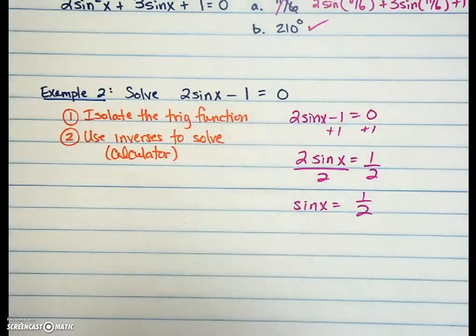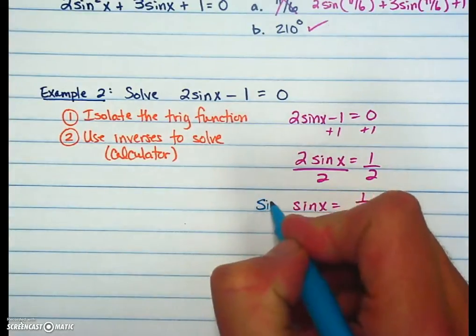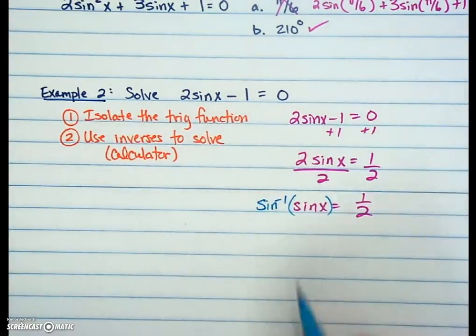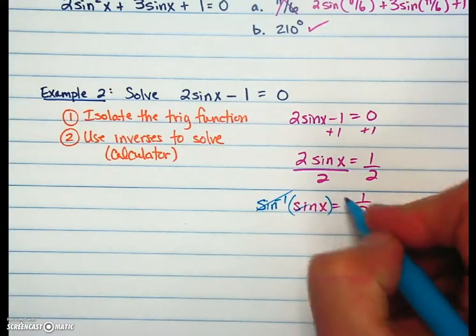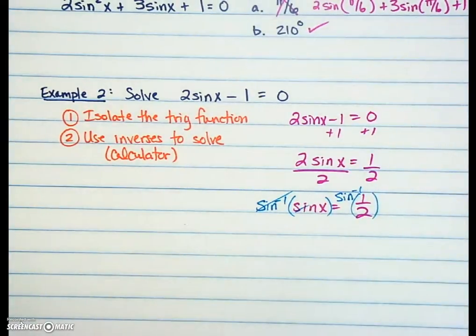Now, as you may remember from previous things that we've done with inverses, to get rid of sine, I need to do the sine inverse, because then sine inverse and sine will cancel, and I'll just be left with x. But if I do it on this side, I also have to do it on this side of the equation. So I'm going to do the sine inverse of 1/2 as well.